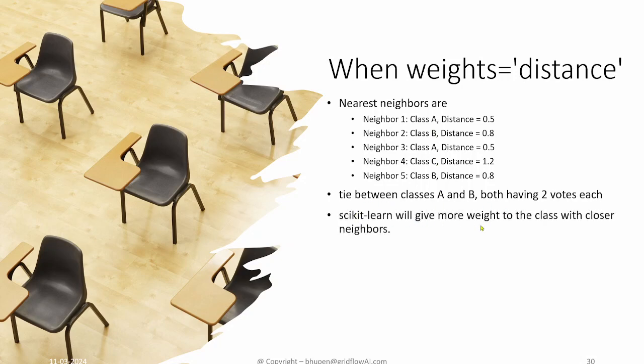So scikit-learn will give more weight to the class with the closer neighbors, because the reciprocal of a smaller distance gives a higher weight. For class A, take the reciprocal, 1 over 0.5, and the second one also 1 over 0.5. That's a weight of 4. Likewise B will be 1 over 0.8 and 1 over 0.8 again, so 2.5. So in this particular case, class A wins.